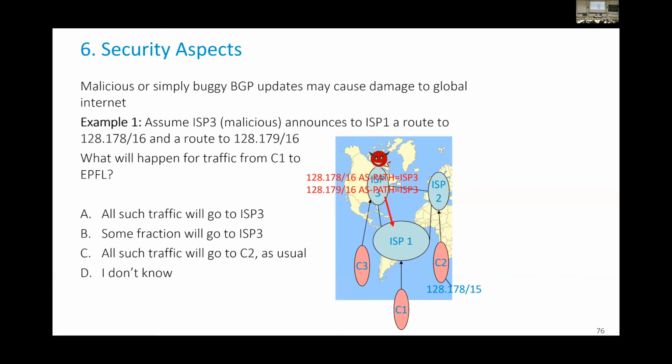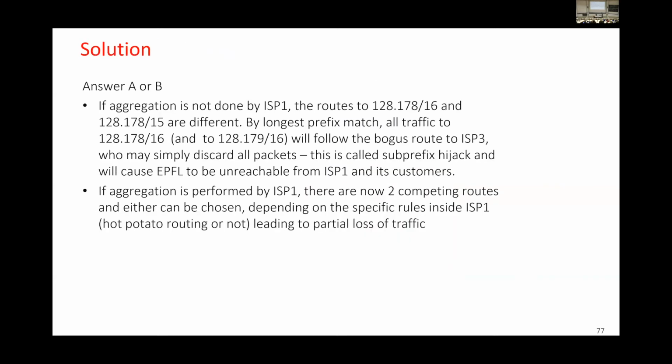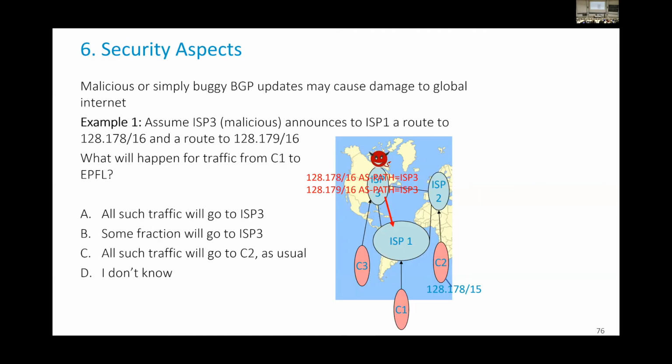Well, the truth is we don't know because of aggregation. Here, EPFL, which is here somewhere, is probably advertised in the internet as 128.178/15. Right? So here this guy is advertising two more specific prefixes.